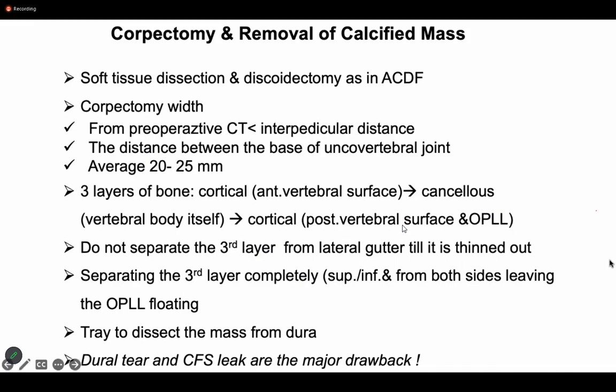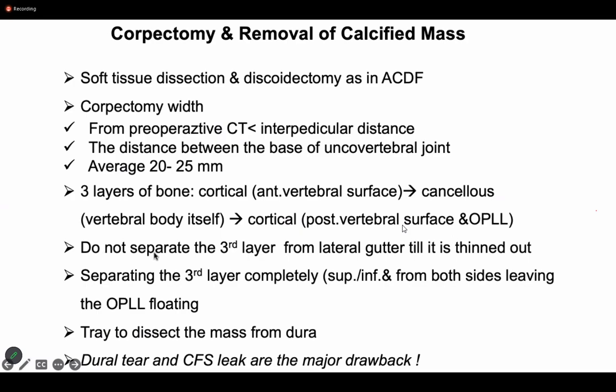Here is the technique of corpectomy with removal of the mass. First we do a similar ACDF. After that, the corpectomy, and some notes, some attention: there are 3 layers of bone, cortical, cancellous, and posterior cortical.